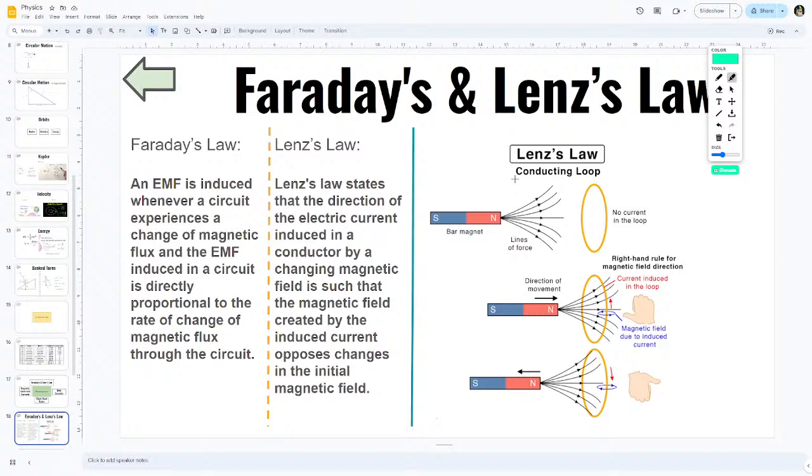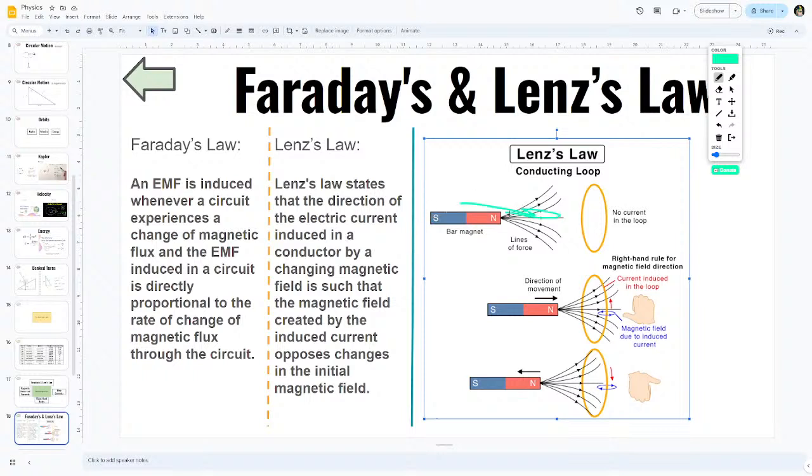Ugh, it's too early for this. So there's some diagrams. What's this? Is this a link? Oh, it's just a... no. Alright, so the magnet's going in.